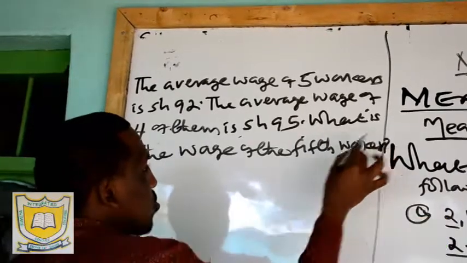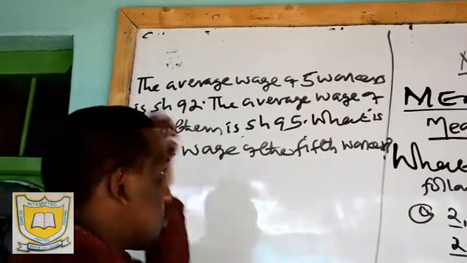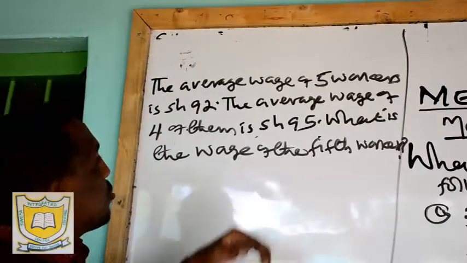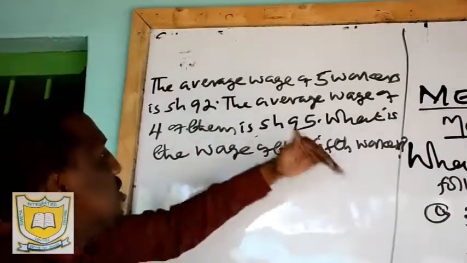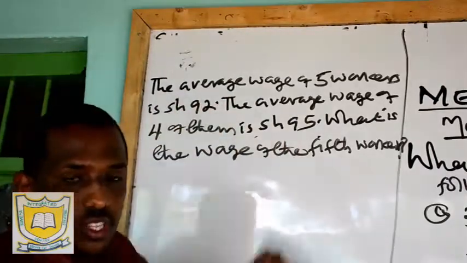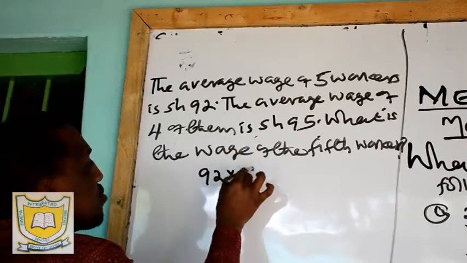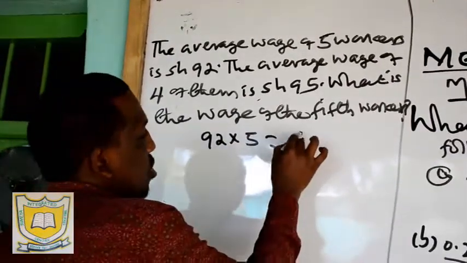Now, this one is common in examinations. They normally bring this one in an exam. So you are told the average wage of 5 workers is 92. Whenever you are told the average wage of 5 workers is 92, you multiply. So you say 92 times 5 workers, and you will get 460.